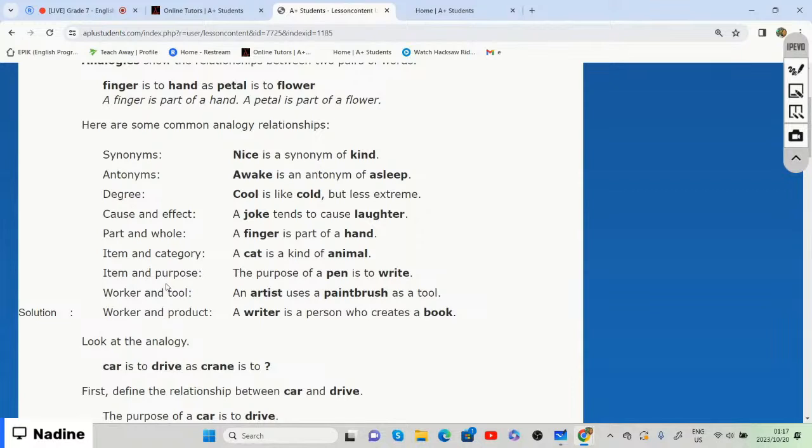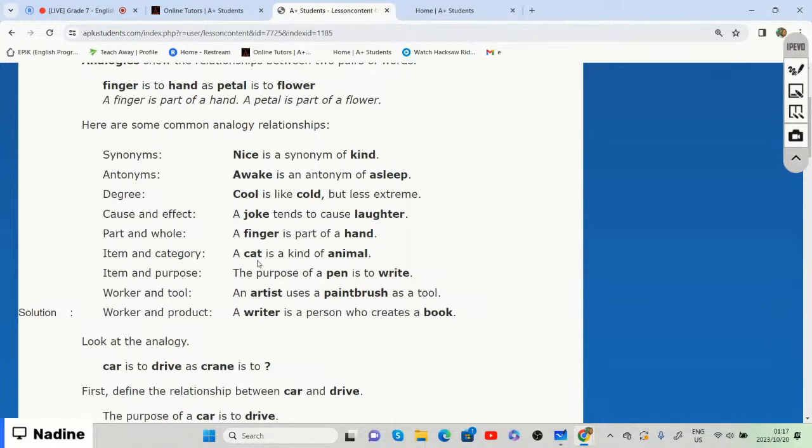Then we have degrees, right? Which is cool, is like cold, but less extreme. Cause and effect. A joke tends to cause laughter.